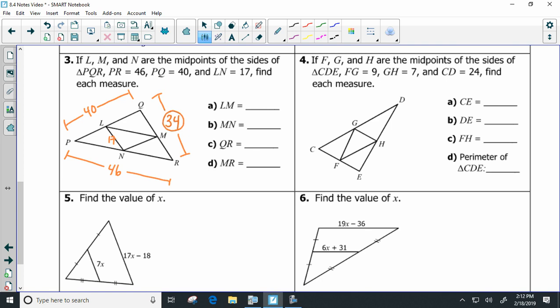So that means QR is 34. It also wants me to find LM. LM would be parallel to PR and half as long as PR. So half of 46 is 23.